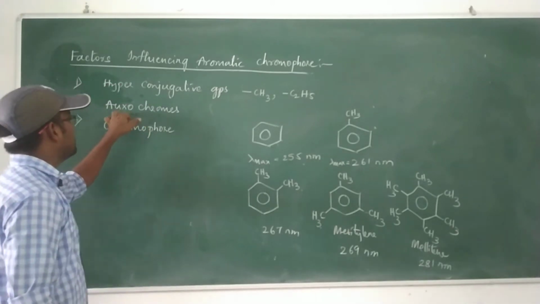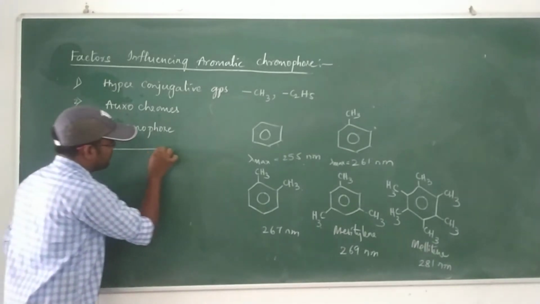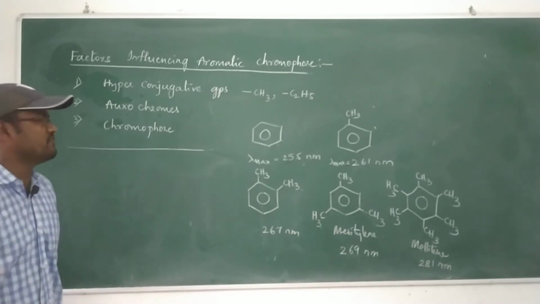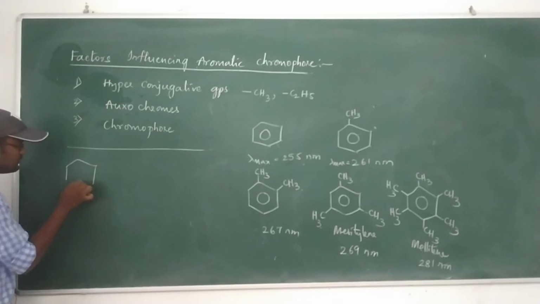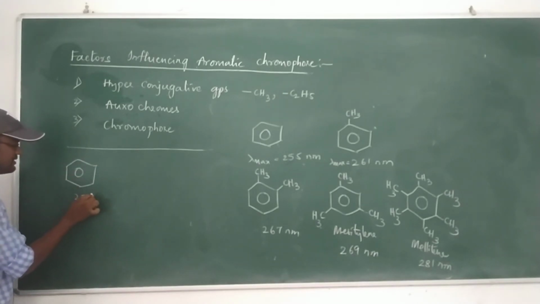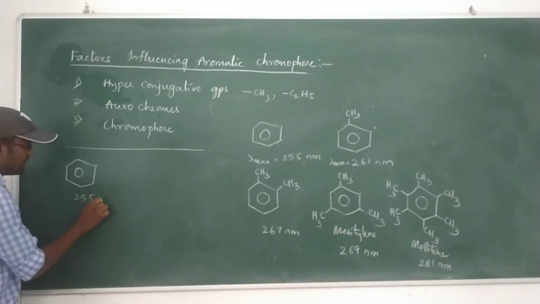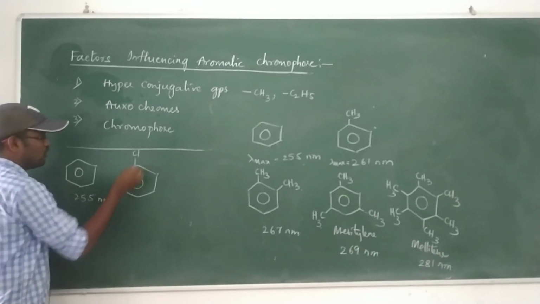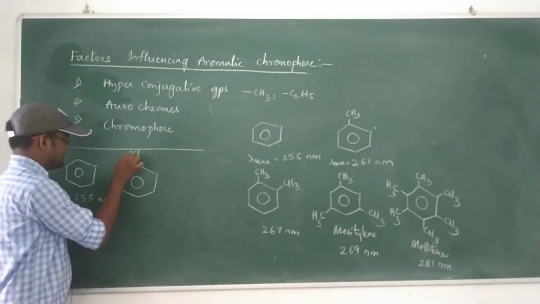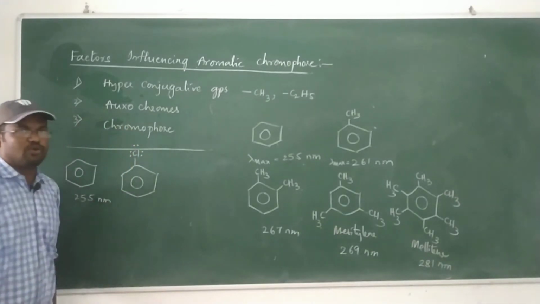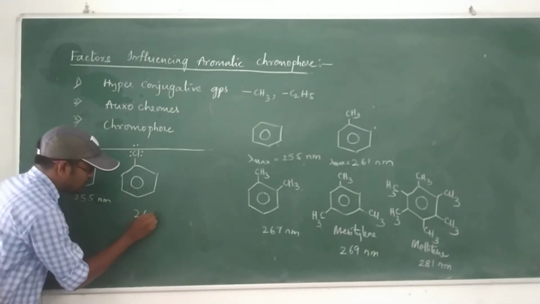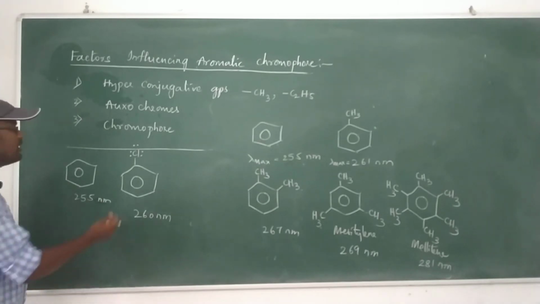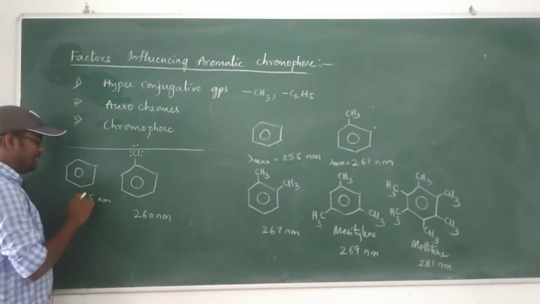Next, let us see the presence of auxochrome. We already know the presence of an auxochrome enhances the lambda max value. The simplest benzene has 255 nanometers lambda max. When benzene is attached to chlorine, chlorobenzene, chlorine is a best example of an auxochrome. The result is 260 nanometers, which is higher compared to 255.